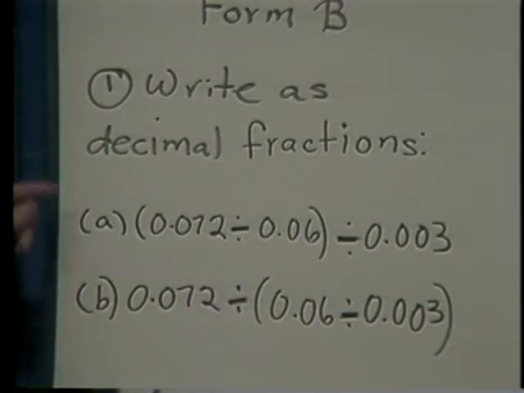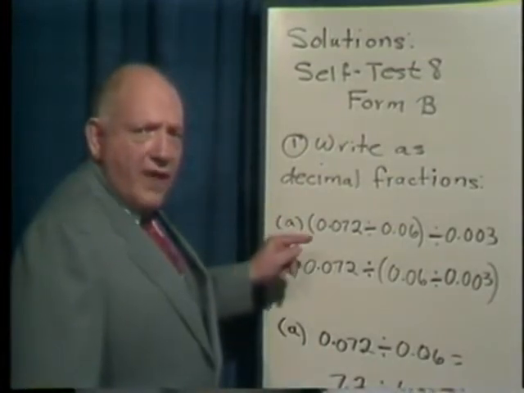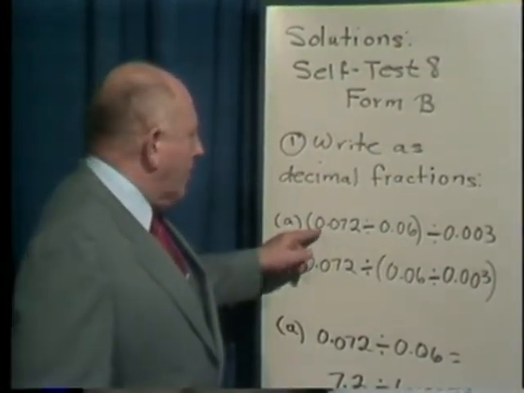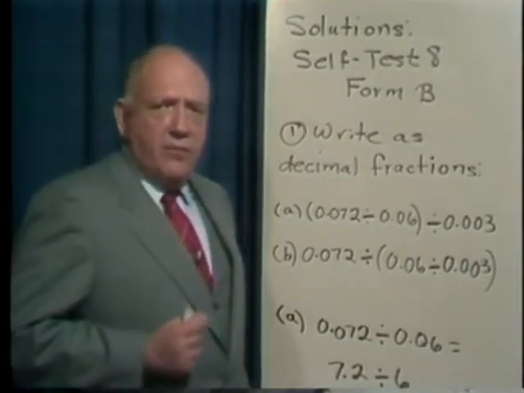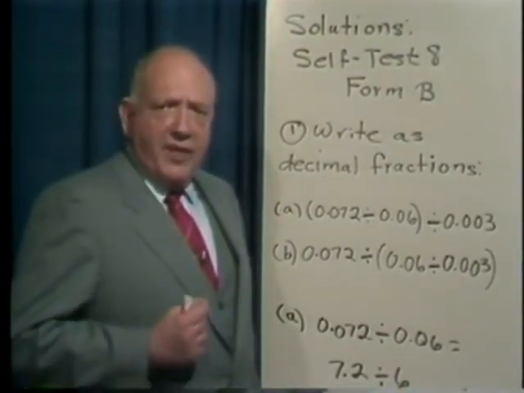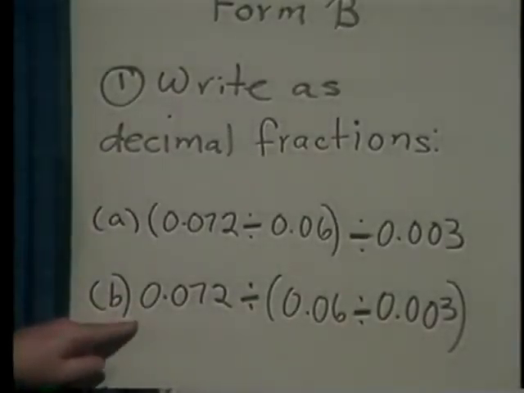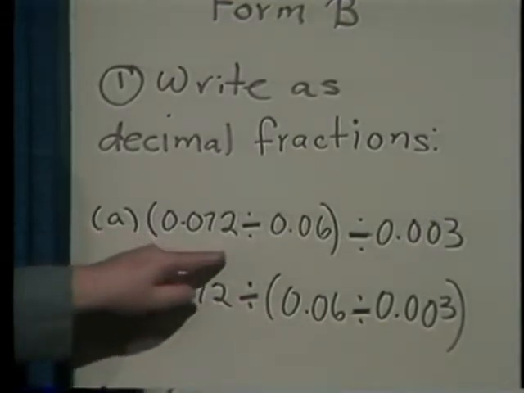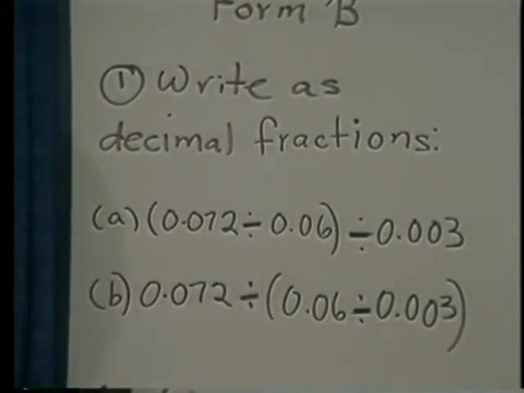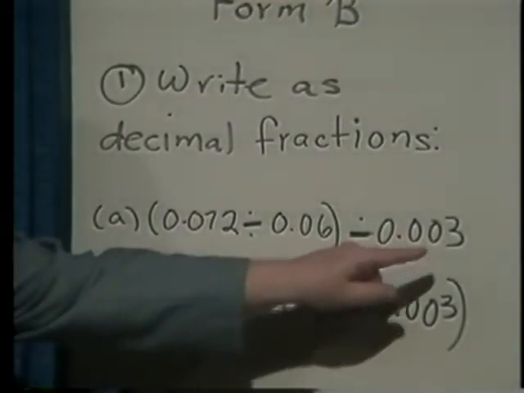The first problem is again going to deal with, after all, the title of the module is division of decimals, and so obviously our first problem will be involved with that. And again, we figured we would give two problems that would emphasize the need for grouping symbols. You see, in both parts A and B, without the parentheses, it would read 0.072 divided by 0.06 divided by 0.003.